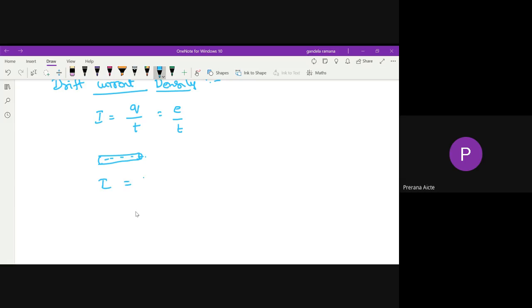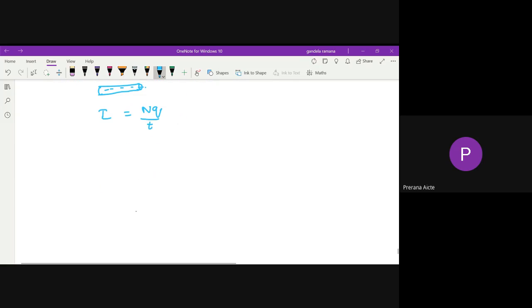Current is equal to nQ by T, number of electrons by T. So what is the formula for J? J is equal to I by A. I means nQ by T. Substituting, what do we get? nQ by AT.